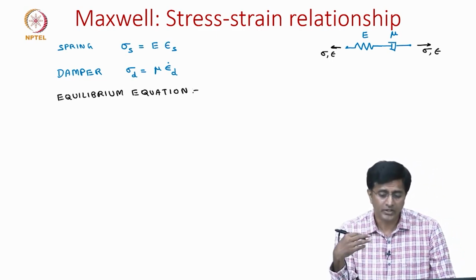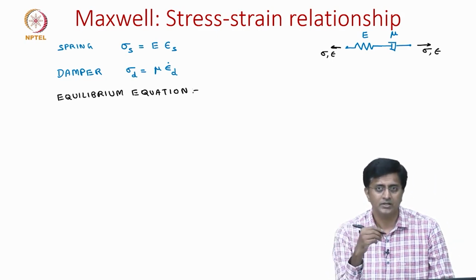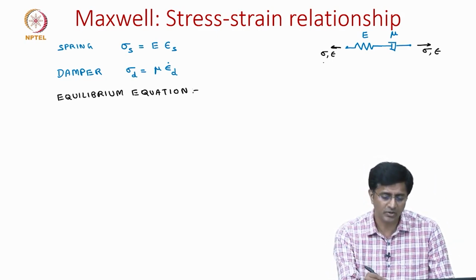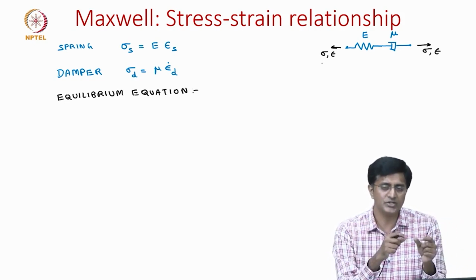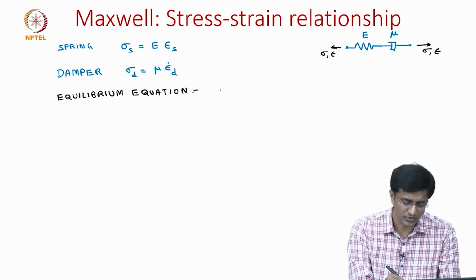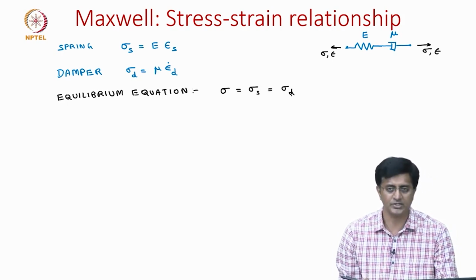Since the spring and the damper are in series, the applied stress sigma at the ends of this Maxwell element is the same at the spring as well as at the damper. So, we write sigma is equal to sigma s, the stress in the spring, and sigma d, the stress in the damper. All three are the same.